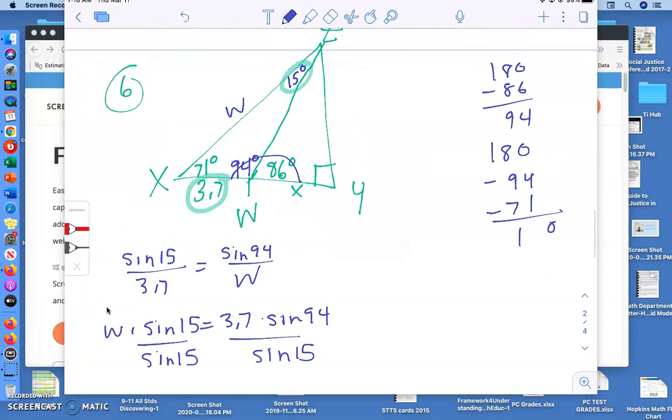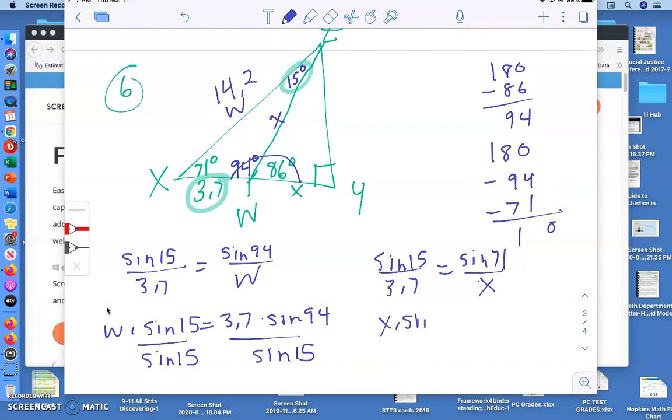Well, that's still not helping us find the other side. But what if we can find, we could call this, oh geez, I don't know, we'll find that little blue x there. So we could set it up the sine of 15 over 3.7 equals the sine of 71 over x.